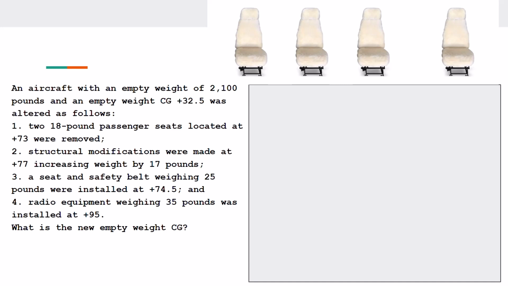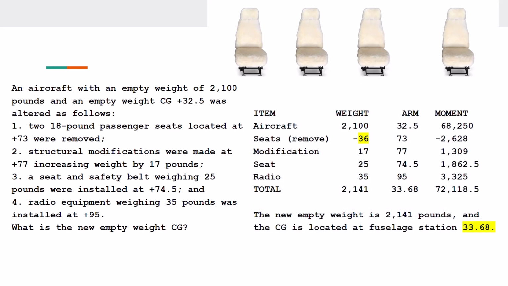Just like all questions, we set up our IWAM, item, weight, arm, moment. First, it gives us the aircraft criteria: empty weight of 2,100 pounds, CG of 32.5, so we can get our moment. And we removed 2 seats, two 18-pound seats. So 18 plus 18 is 36, and we removed them, so we add a minus, and with an arm of 73, it gives us a negative moment since we're removing them.